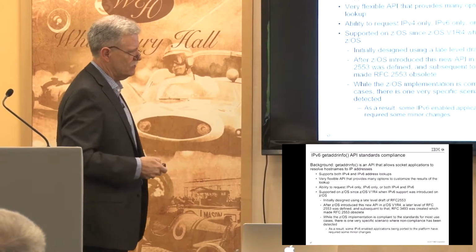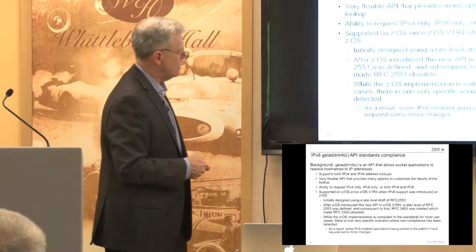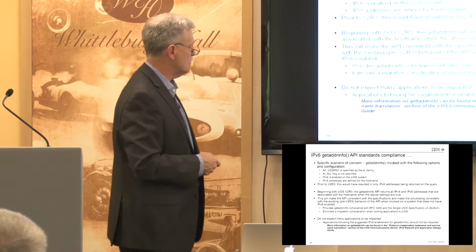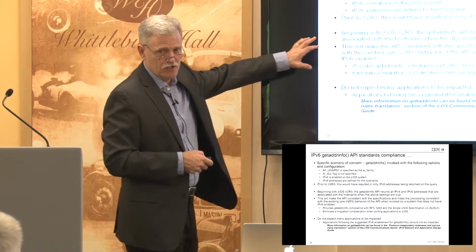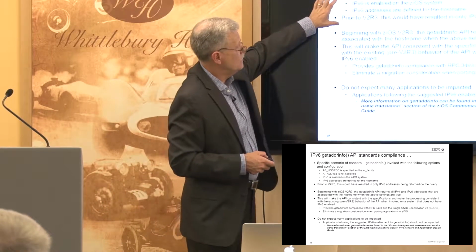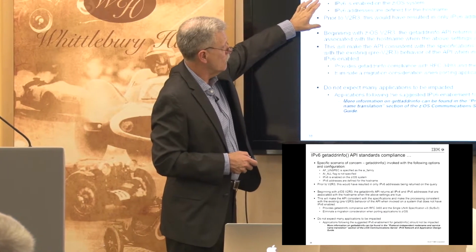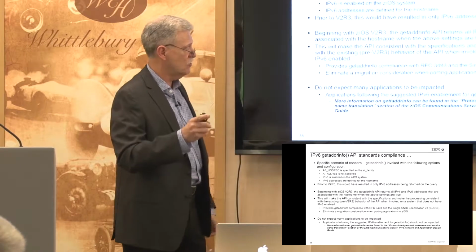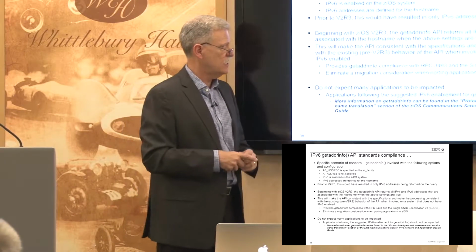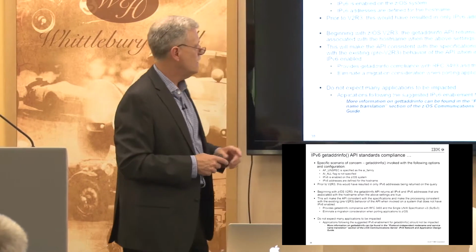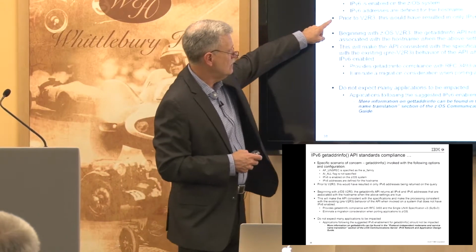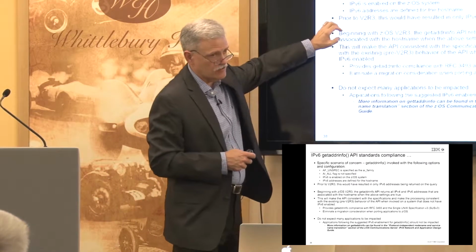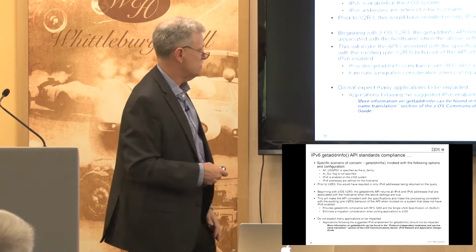As a result, an IPv6 getaddrinfo call could have some changes. I don't necessarily need to spend the time on them here, but there's one specific scenario that's called out. If you have this particular case, prior to 2.3, this would have resulted in only IPv6 addresses being returned on that call. Now after 2.3, if you have this same set of flags or use case, it will return both v6 and v4.